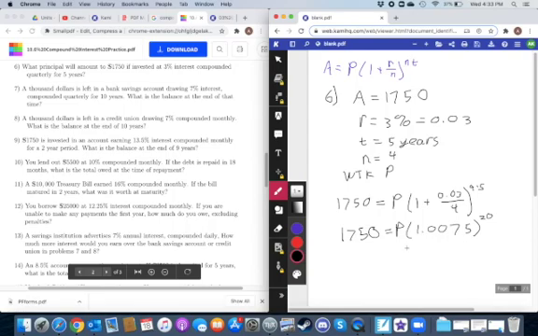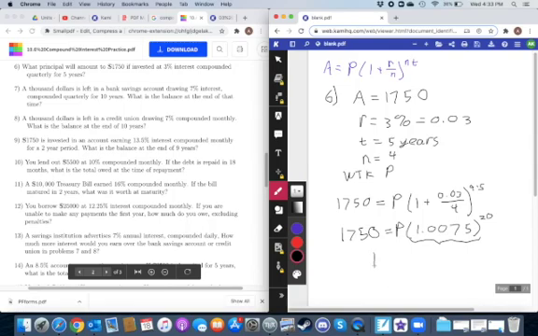Now we can kind of see what we need to do. We just need to divide both sides by all of this. And when we do that, we end up with 1750 divided by 1.0075 to the 20th power.